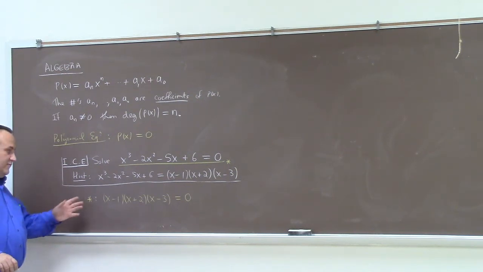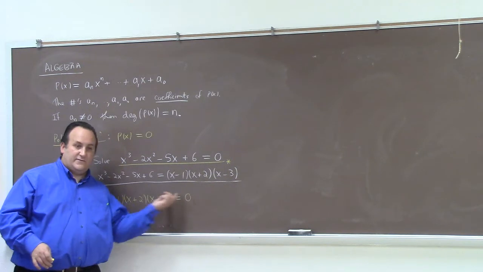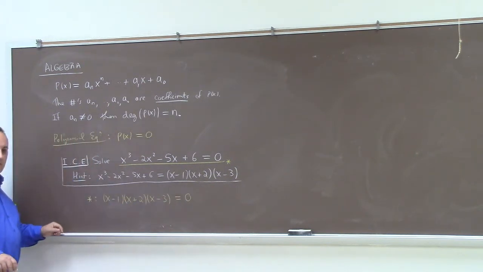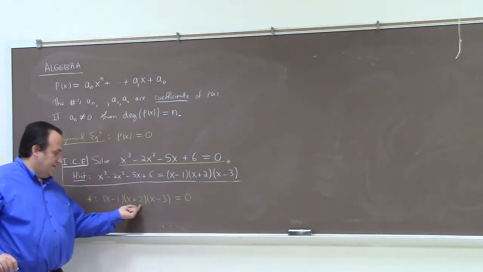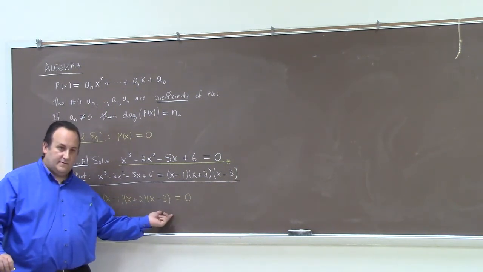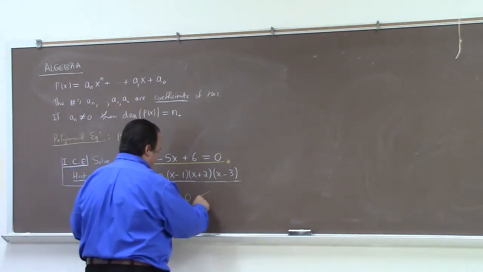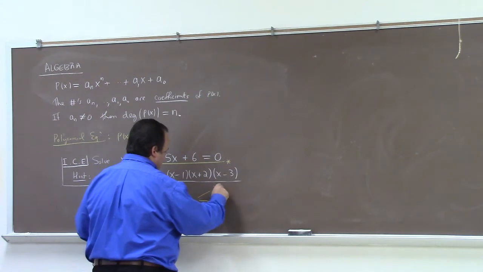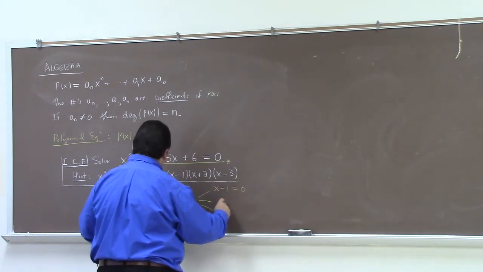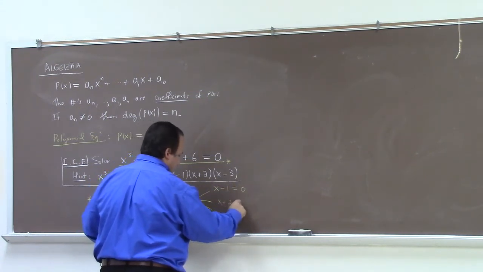Like I cannot have a product of real numbers be 0 unless one of those numbers is 0. So that means there really only are 3 choices here. Either this could be 0, or that could be 0, or that could be 0. So how can we make those 0? We can make x minus 1 equal to 0, or we could have x plus 2 equal to 0, or we could have x minus 3 equal to 0.